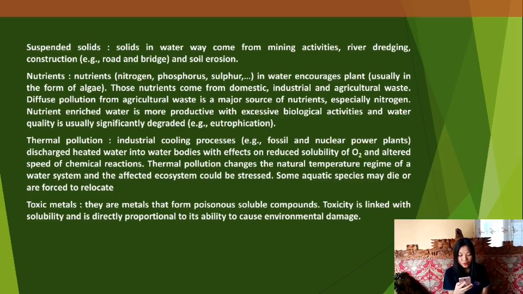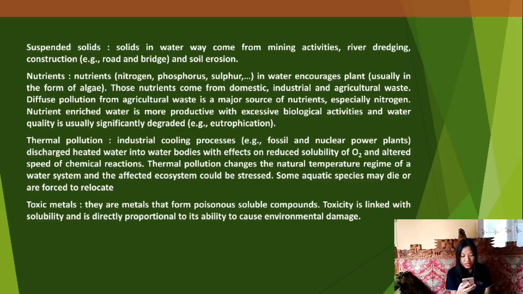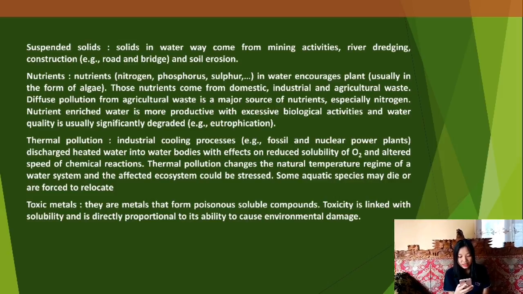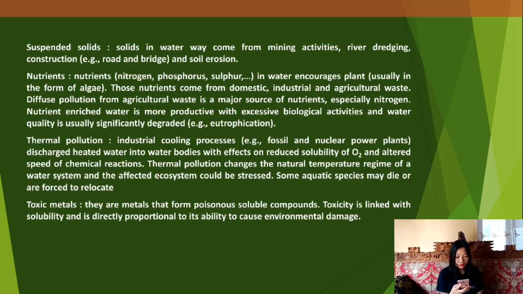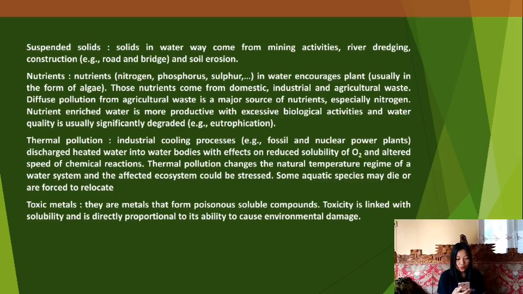Nutrient-enriched water is more productive with excessive biological activities, and water quality is usually significantly degraded, e.g. eutrophication. Thermal pollution. Industrial cooling processes, e.g. fossil and nuclear power plants, discharge heated water into water bodies with the effect of reduced solubility of oxygen and altered speed of chemical reactions.